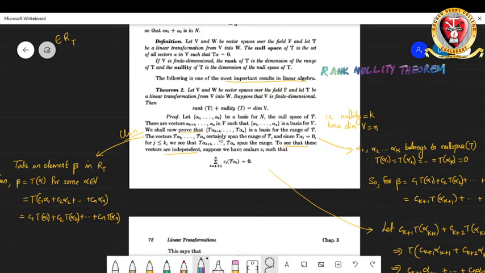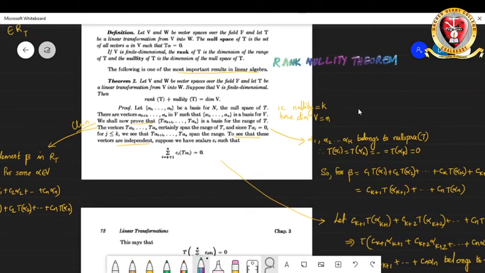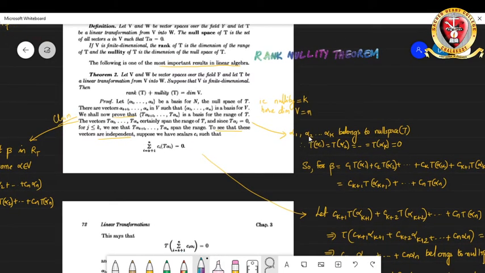So first we have to prove that they span. We know that alpha 1, alpha 2, etc., alpha k belong to the null space, right? So when we consider T of alpha j, we know that T of alpha 1, T of alpha 2, etc., T of alpha k are all zeros. So we can generally say that T of alpha j is equal to 0 for all j less than or equal to k.